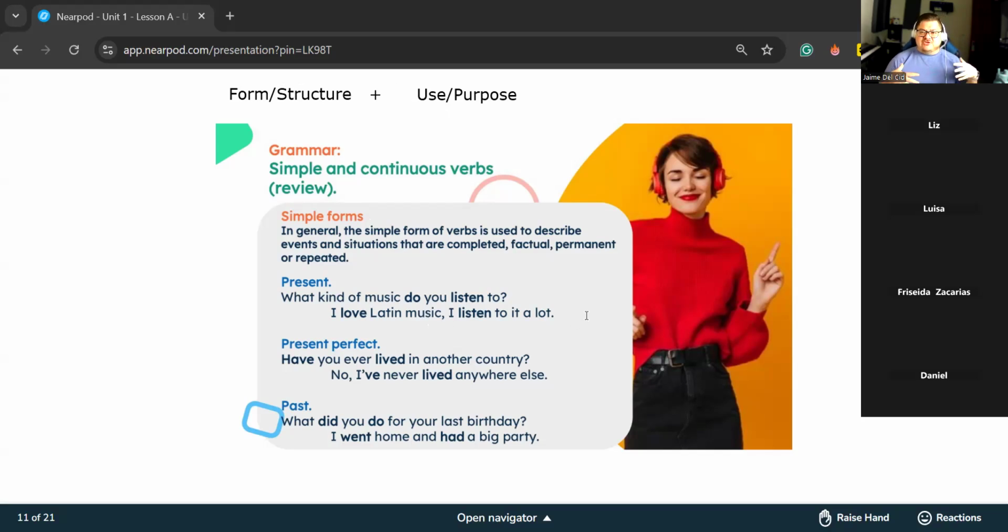So what I was trying to explain yesterday is the use and purpose of the simple forms, and also refresh a bit of the structure of it. Okay. And the same with the continuous forms.